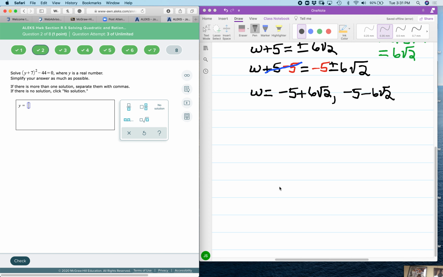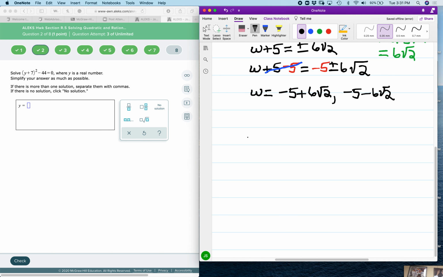Okay, for the next item, we have the quantity y plus 7 raised to the second power minus 44 is equal to 0. Upon adding 44 to both sides, now I have this set up so that I can utilize the square root property of equality.